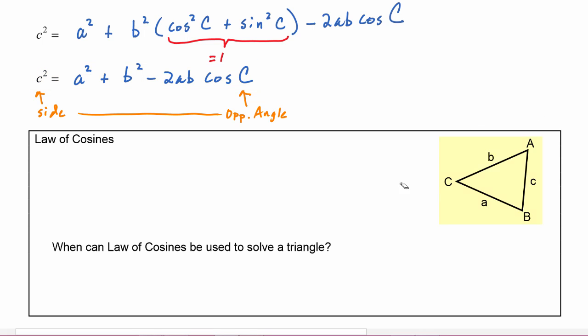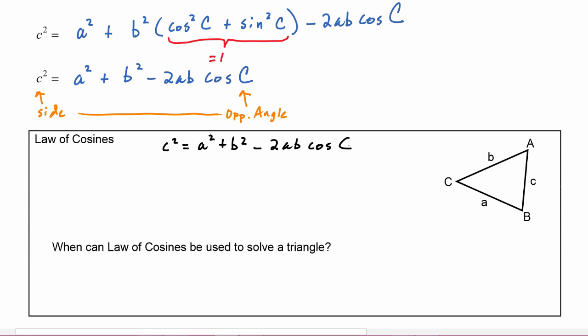So given a triangle ABC, we can actually write 3 forms of the law of cosines. Let's start by writing the one we just got: c squared is equal to a squared plus b squared minus 2ab cosine of C.